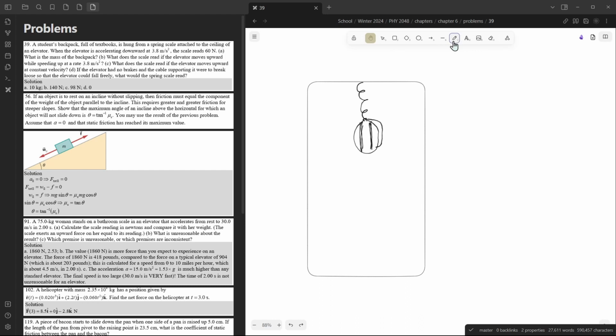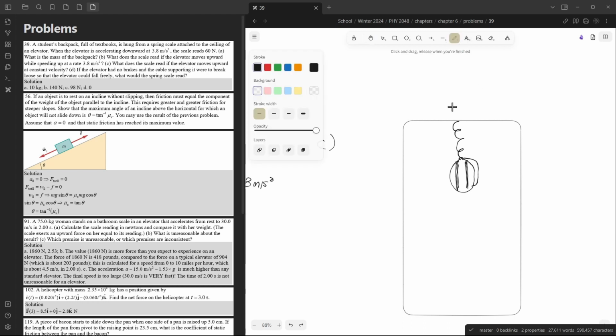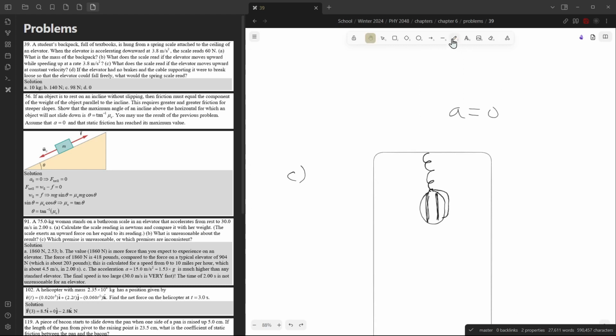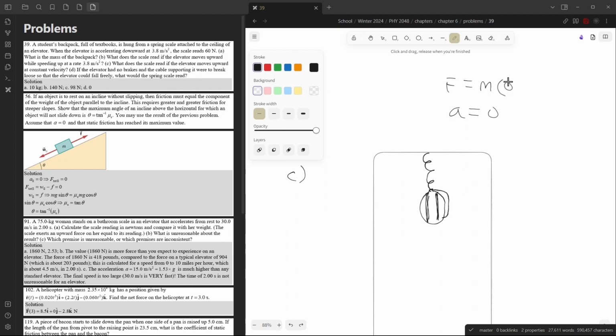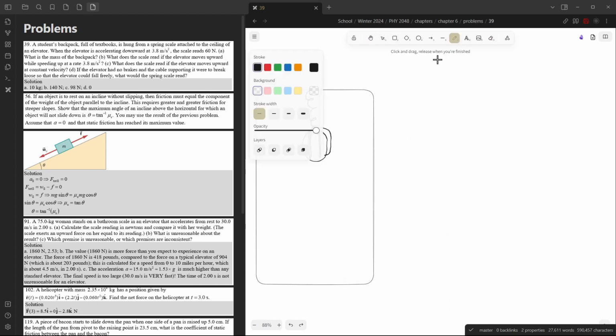Right, so if you have no other force acting on this besides gravity, and that's what it's saying, if the velocity is constant, that means the acceleration equals 0. So if you were to do F equals ma, this would be 0, and then the force would be 0. So there's no other force acting on it besides gravity. That means it's all mass times gravity, and that'll equal the force.